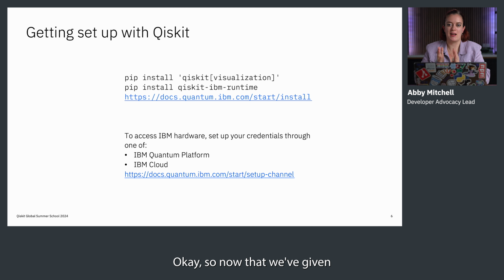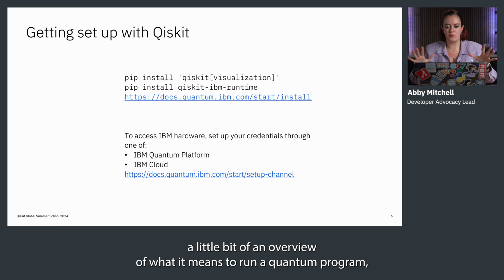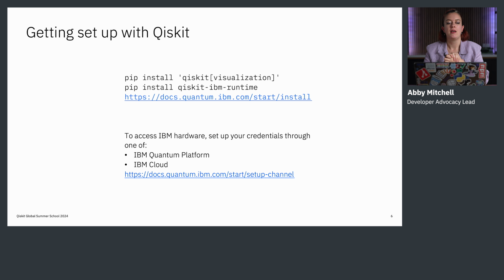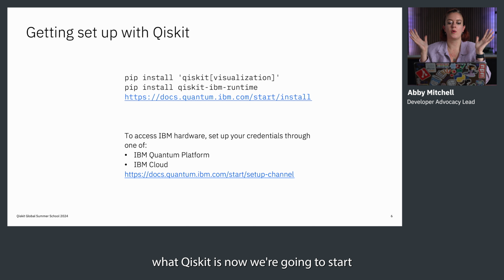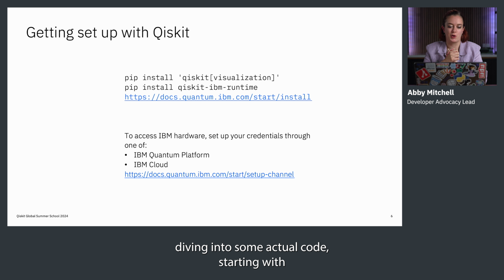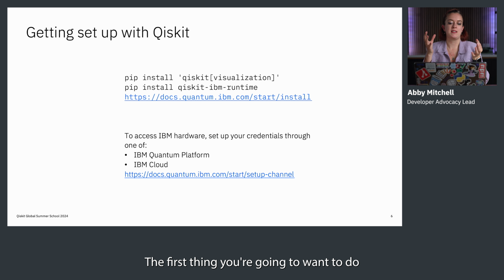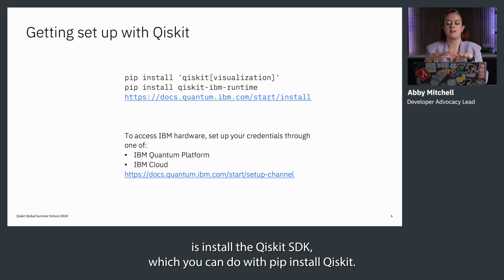Okay, so now that we've given a little bit of an overview of what it means to run a quantum program, what the results look like when you get them back, and what Qiskit is, now we're going to start diving into some actual code. Starting with, how do we actually get started setting up Qiskit and installing it? The first thing you're going to want to do is install the Qiskit SDK, which you can do with pip install qiskit.